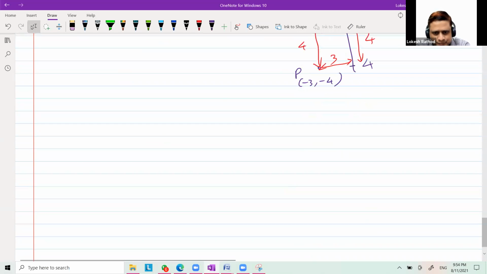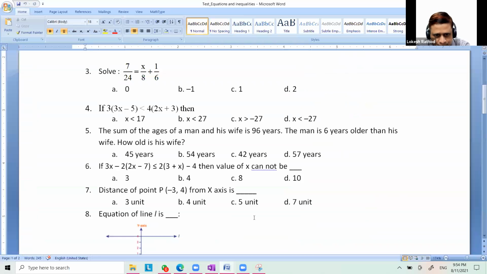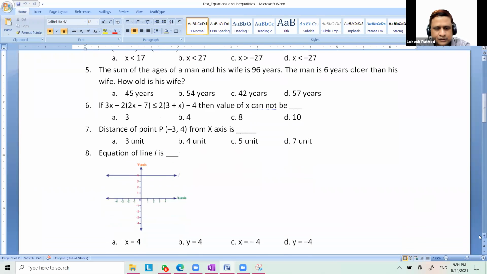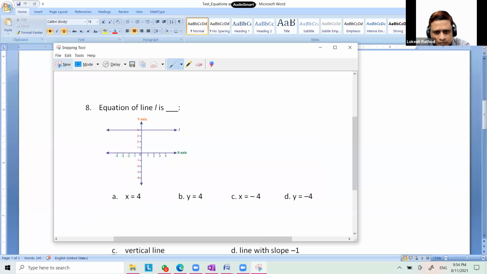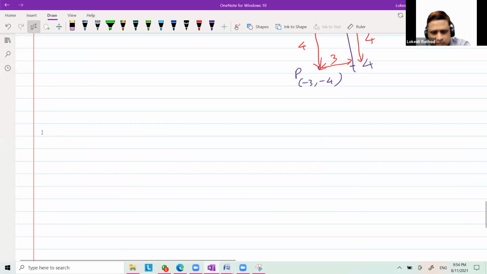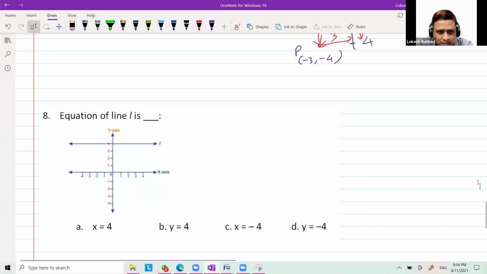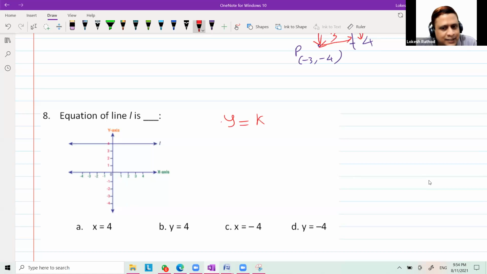Then we have 7, we have done, right? So 8. Equation of the lines. As you can see, the line is horizontal. So all the horizontal lines are of the form y equal to constant k.